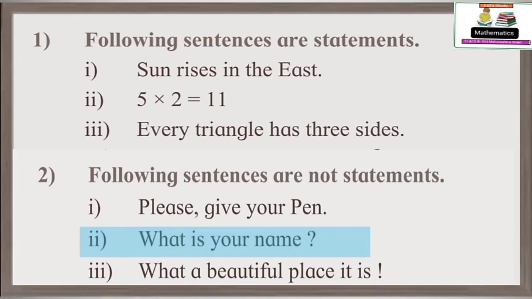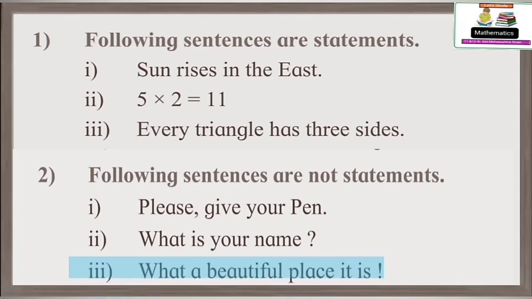Second is, what is your name? This is an interrogative sentence. It cannot be said to be true or false, so an interrogative sentence is not a statement. And last is, what a beautiful place it is. This is an exclamatory sentence. An exclamatory sentence is not a statement. Remember, only declarative sentences are statements.